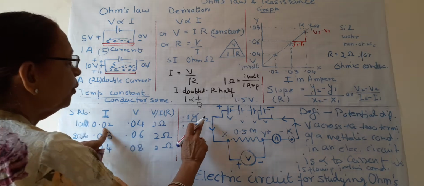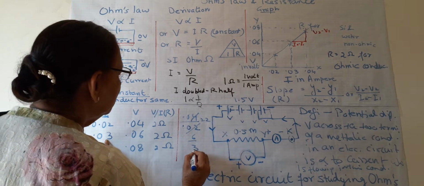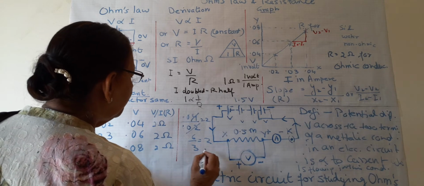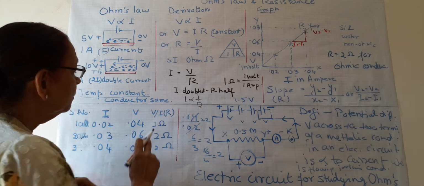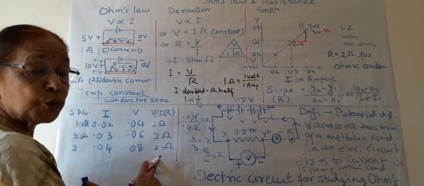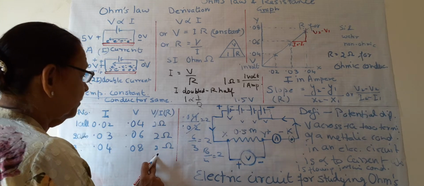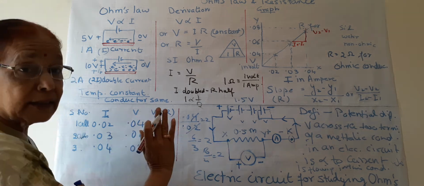It will give 2. What will the ratio be here? 6 by 3 gives 2. 8 by 4 will give 2. So every time the V upon I ratio is 2. It is fixed and it is constant in all the cases.